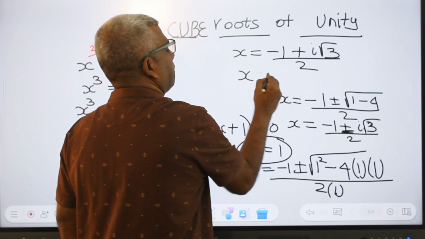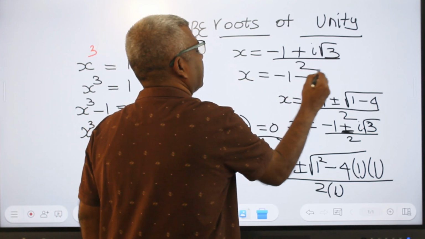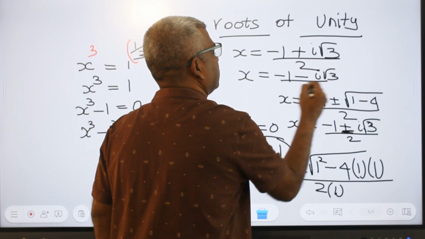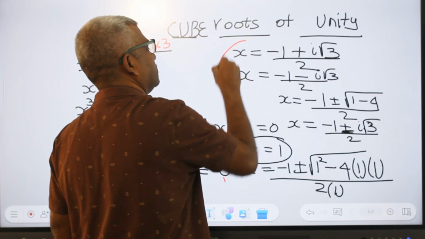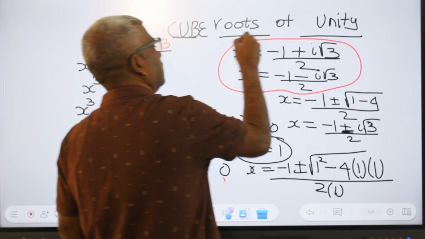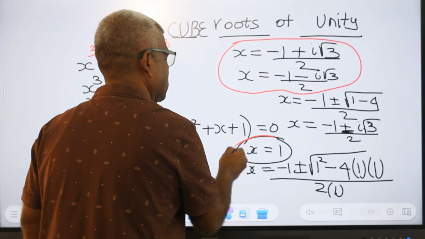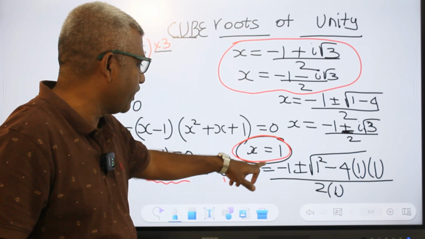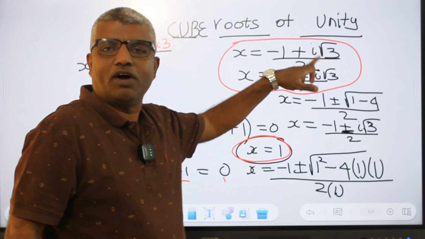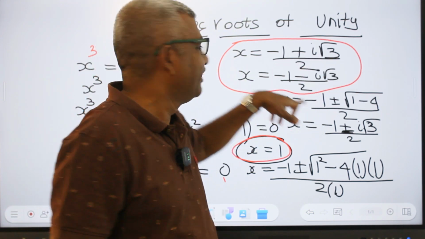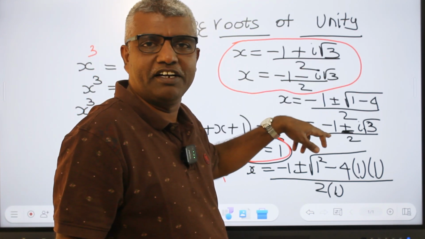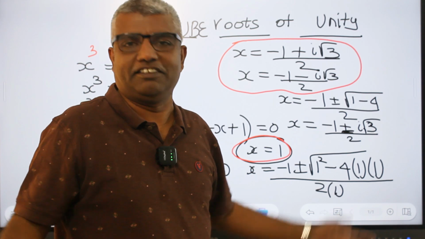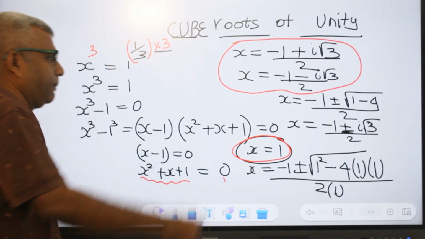Third root is minus 1 minus i root 3 by 2. We found 3 roots: x is equal to 1, x is equal to minus 1 plus i root 3 by 2, and x is equal to minus 1 minus i root 3 by 2. Copy down till now.